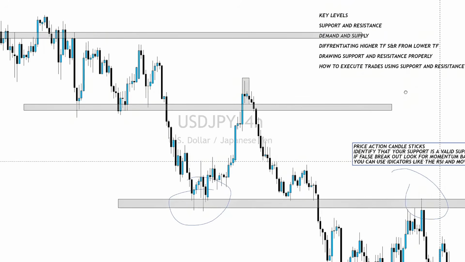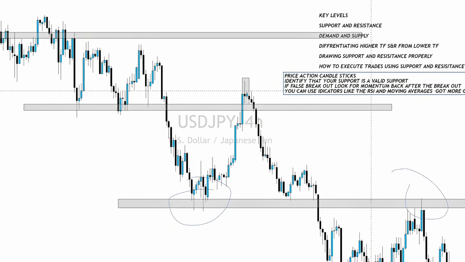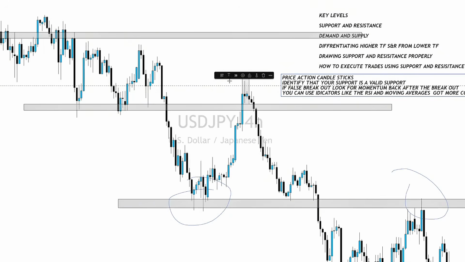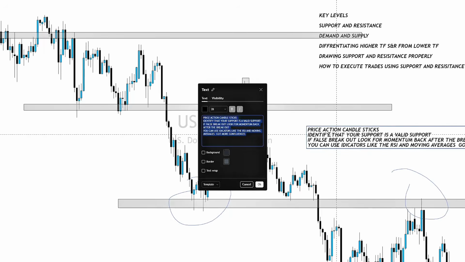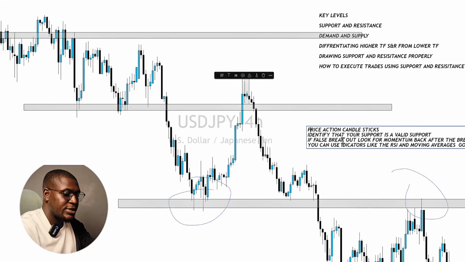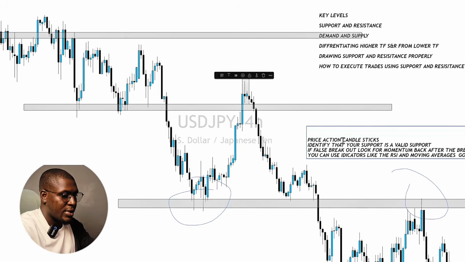So this right here is how to vet and enter a trade using support and resistance.